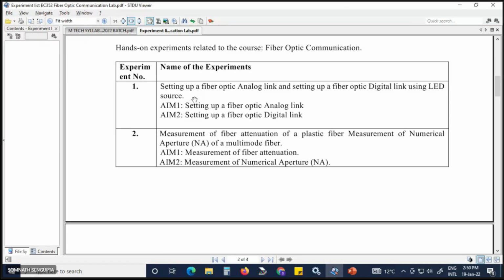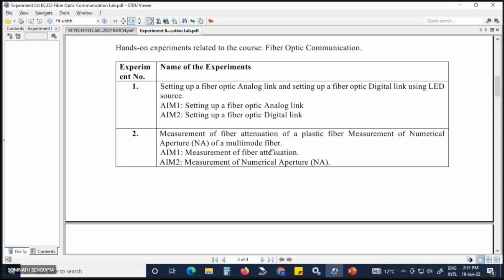You see that the first experiment is related to design of fiber optic analog link and fiber optic digital link. The second experiment is based on fiber attenuation measurement and numerical aperture measurements.